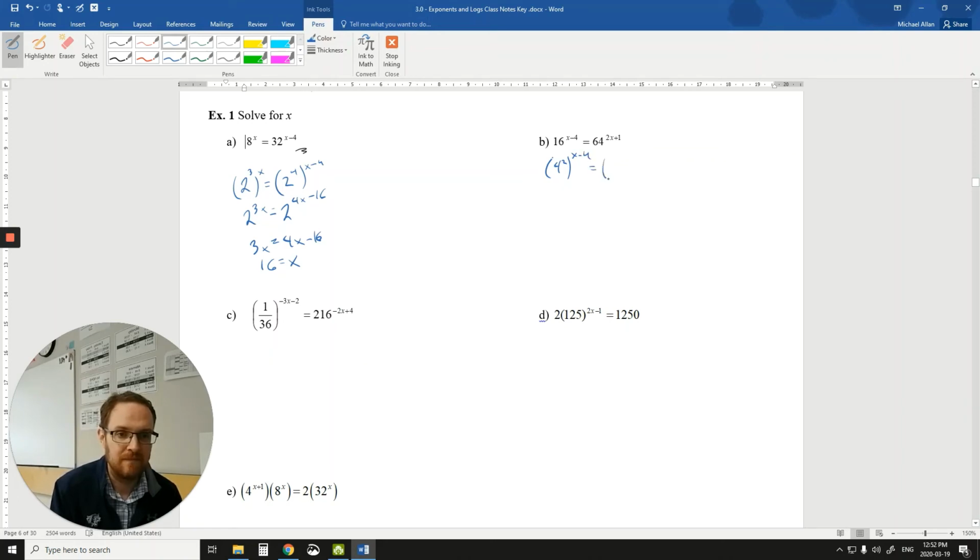That's the same number. 64 is 4 cubed. Apply your exponent law here. You're just going to multiply that 2 into both those numbers. Multiply this 3 into both these numbers here. And then drop our base.